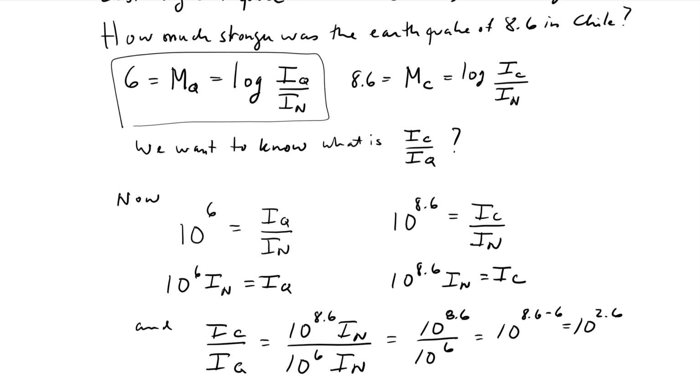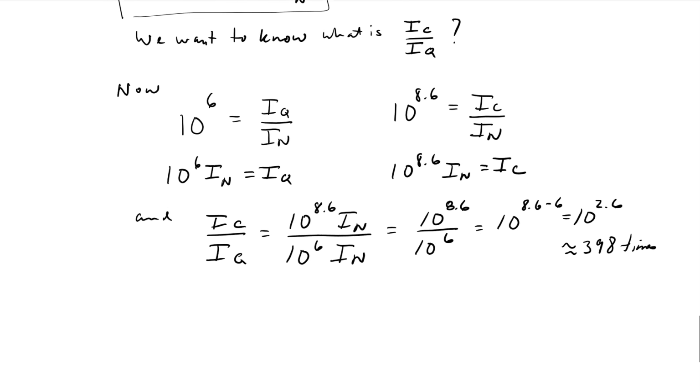If you evaluate this, 10 to the 2 is 100, 10 to the 3 is 1,000, so it's between 100 and 1,000. It turns out to be 398 times stronger. So that's what they felt in Chile, something like 400 times more powerful than what I felt. It must have been terrible.